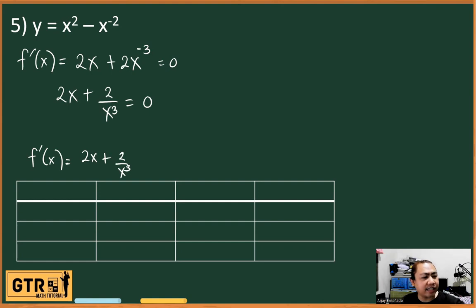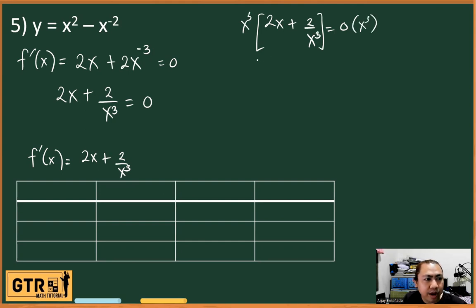Okay, so we can simplify this, or solve for the critical number. We have 2x plus 2 over x cubed equals 0. Multiply both sides by x cubed. We have x cubed times 2x plus 2 equals still 0.